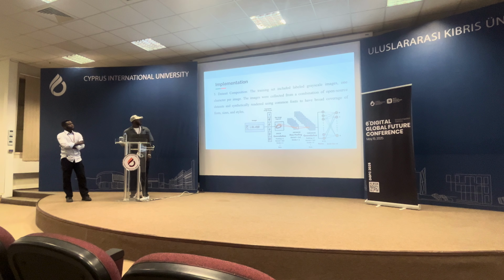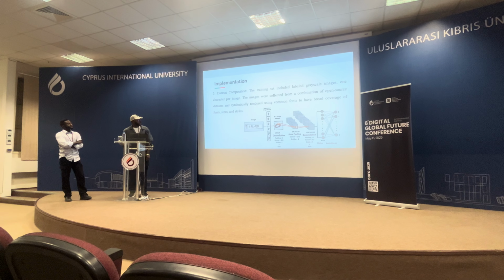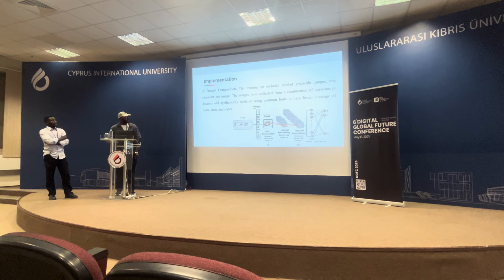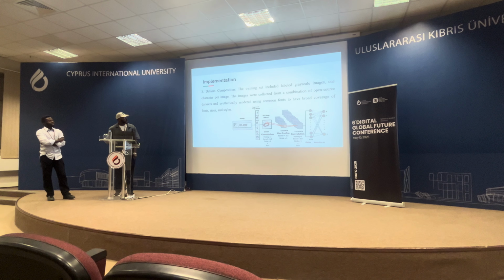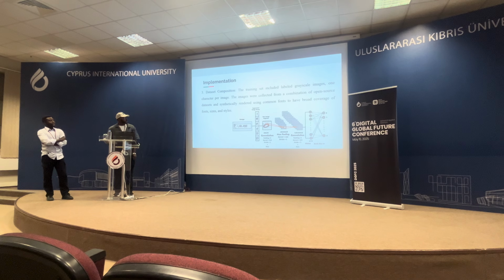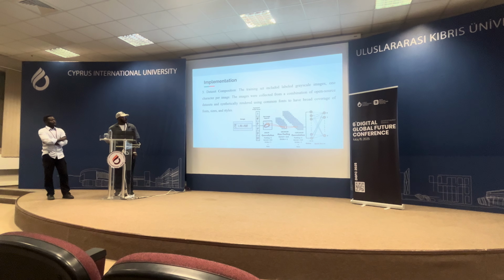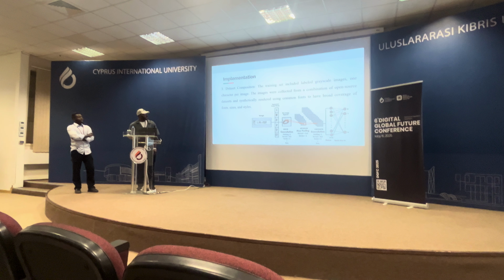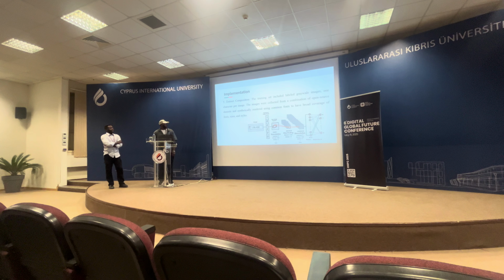So the composition: the training set included labeled grayscale images, 1 character per image. The images were collected from a combination of open source data sets and synthetically rendered using common fonts to have broad coverage of size, fonts, and styles.